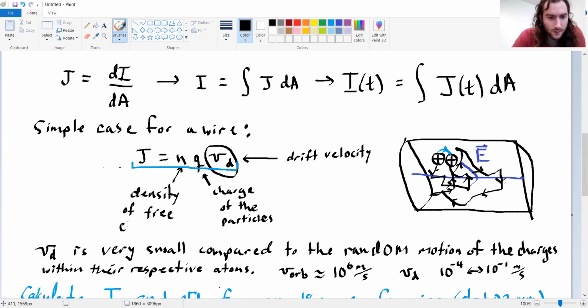Density of free charges. It has to be density, otherwise this thing will never have units of current over meters squared.